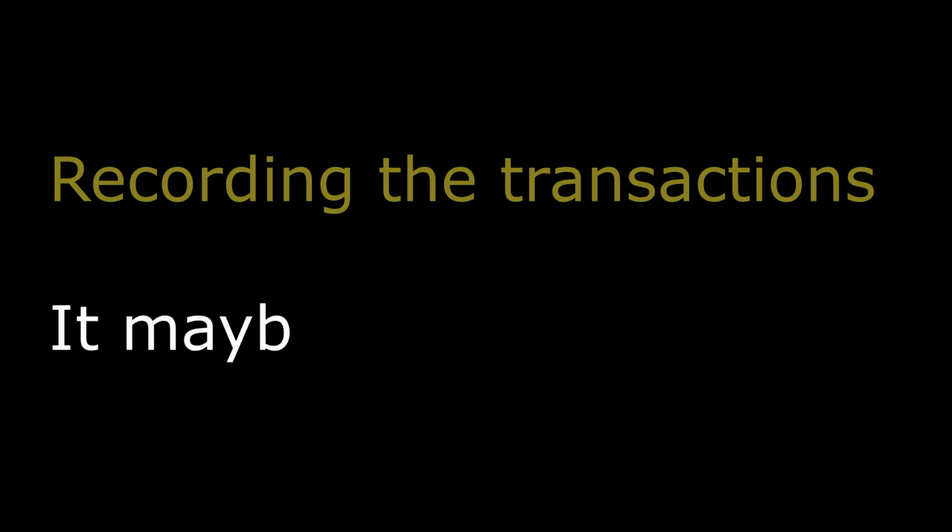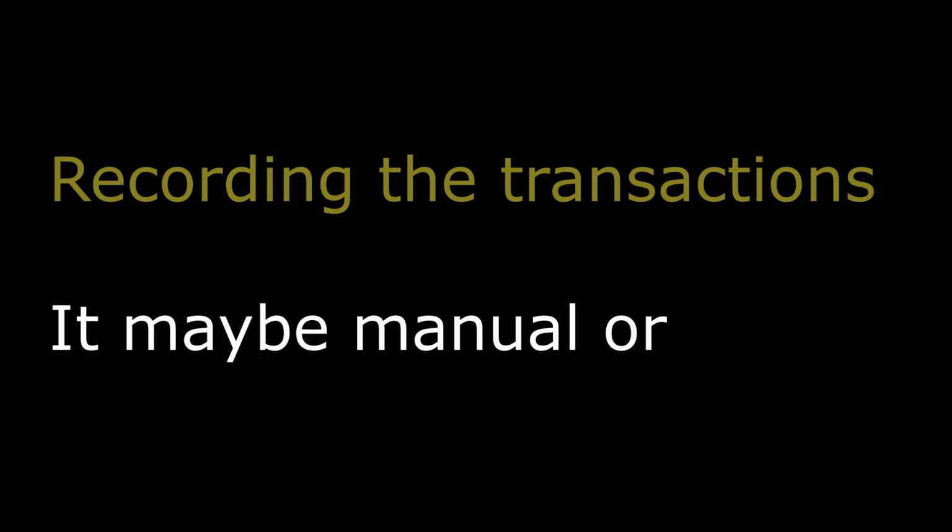In the next step, once we have organized the data and know which data is where, we record the transactions. These transactions can be recorded in ERP or manually as well. Recording the transaction means it needs to be recorded in a systematic way. For example, data is already recorded in a bank statement, but it is not organized.